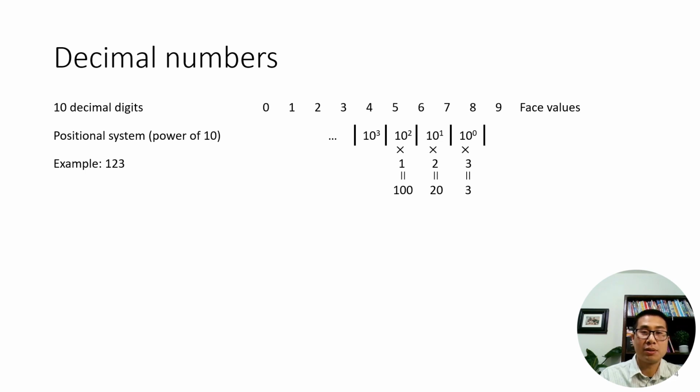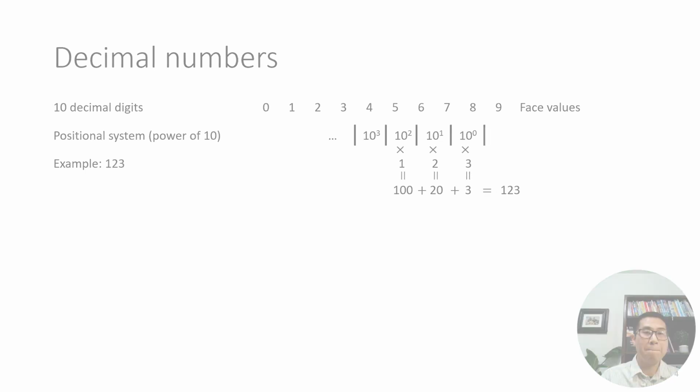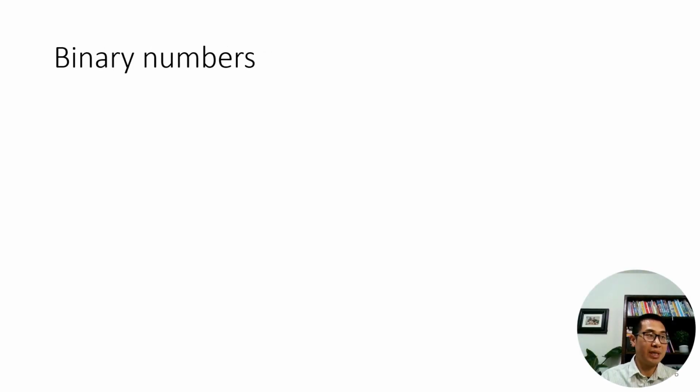And 1 times 10 power 2 is actually 100. And when we add them up, it is actually the number 123 that we often know. And once again, you may see this is somehow obvious. And why do we have to study this? Because the binary numbers that computers use are going to work in the same way.